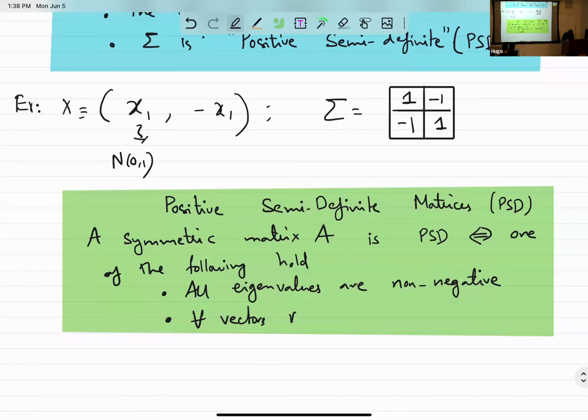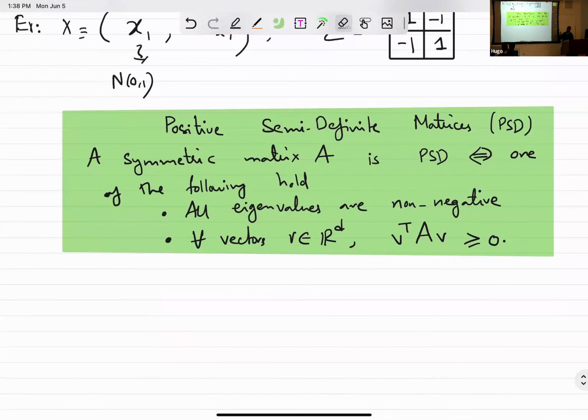So the other property, which is equivalent to all eigenvalues being non-negative and being symmetric, is that for all vectors v, v transpose A v is non-negative. This is an infinite set of inequalities. If it's a d by d matrix, saying all eigenvalues are non-negative seems like d conditions: compute eigenvalues, they are non-negative. But this implies an infinite number of inequalities.